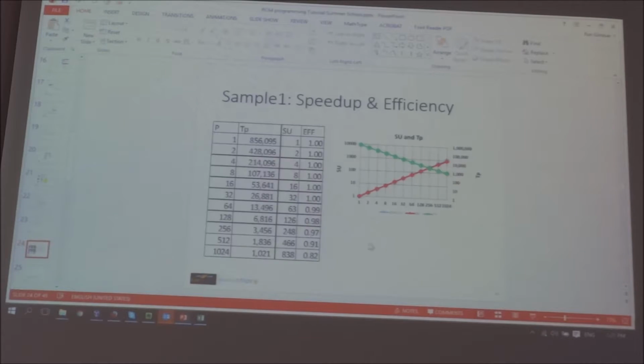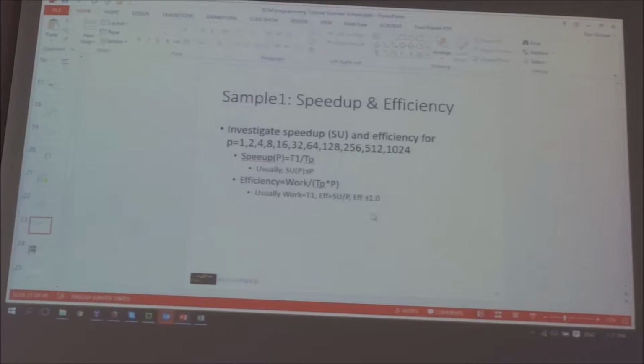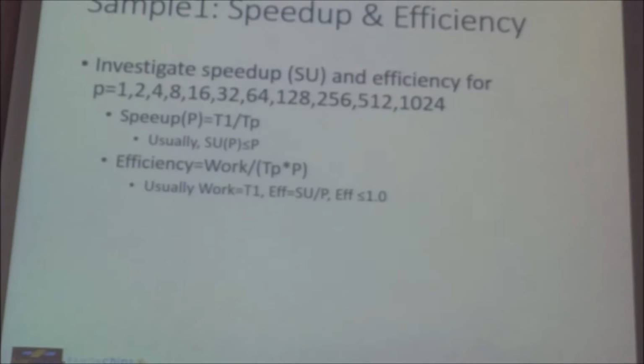Going back to my slides, to the previous one. Speed up is T1 divided by Tp. Speed up of P. Usually speed up of P is less than P. I cannot run on 64 cores and run any faster than 64 times faster than on a single core.